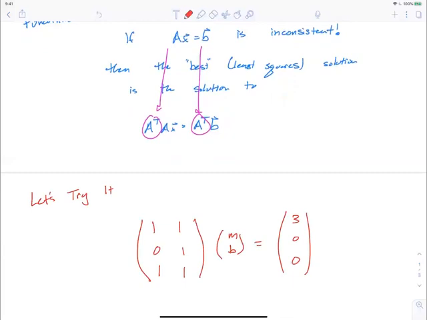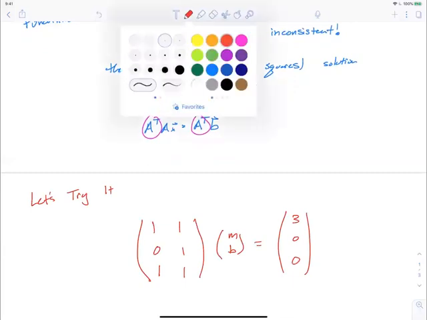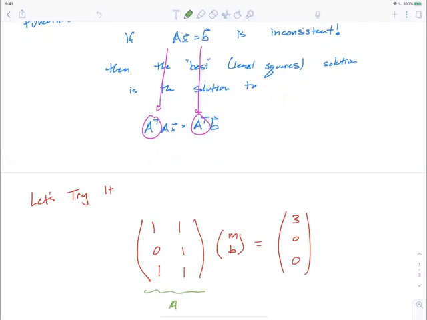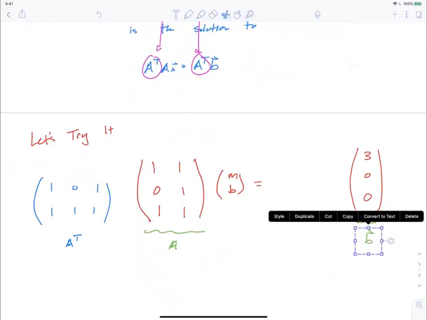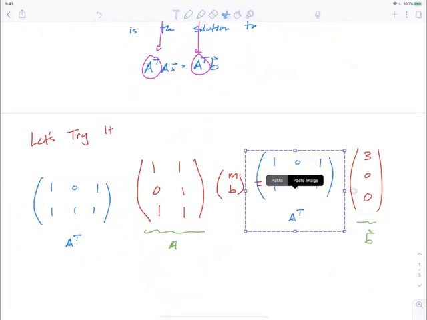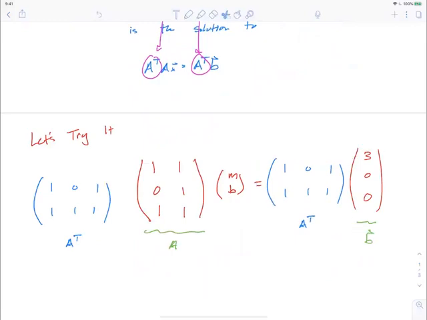So this right here is our A, and this is our B. What the punchline says is we should just multiply this by A transpose. There we go. Now, this is going to seem kind of magical, that if we multiply by A transpose, we're guaranteed at least one solution, and that will be the best solution. But let's just try it to make sure everything is consistent.